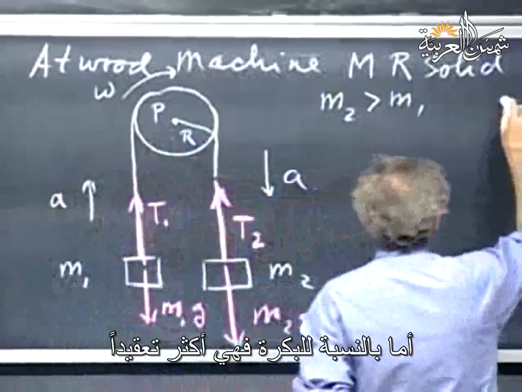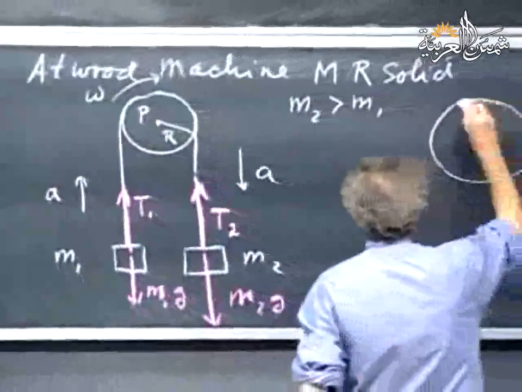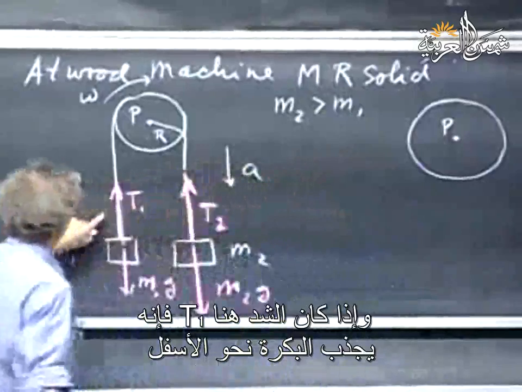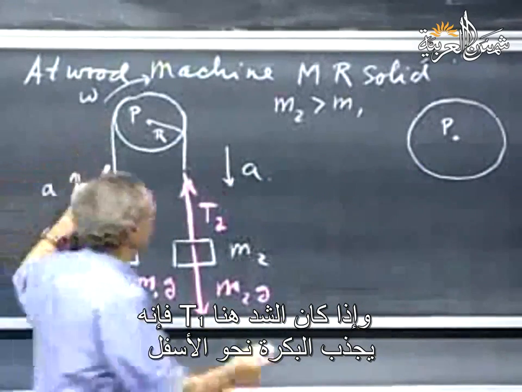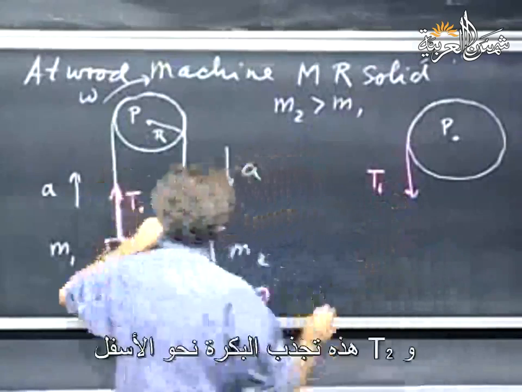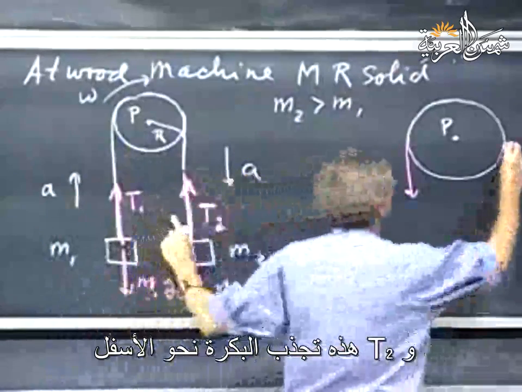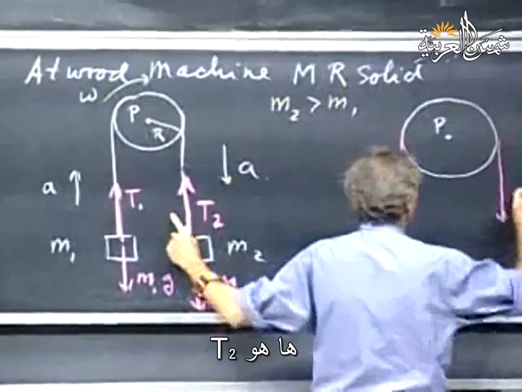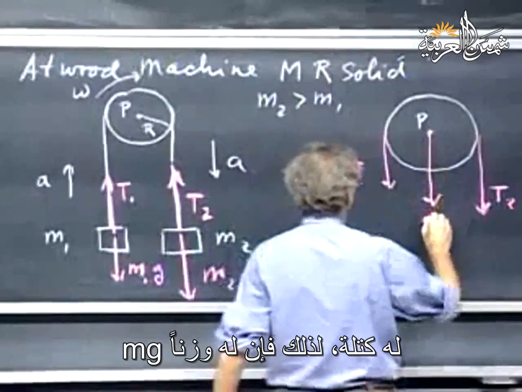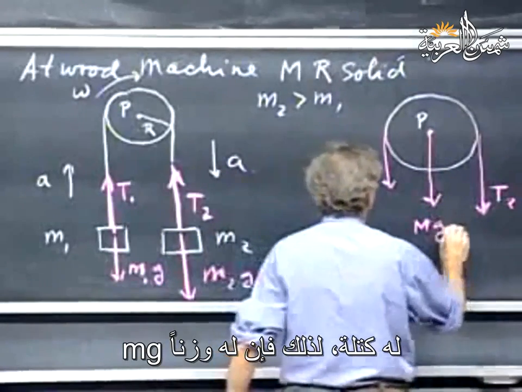For the pulley, it's a little bit more complicated. This is at point P. If here is a tension T1, it's pulling down on the pulley. So this is T1. And this T2 is pulling down on the pulley. So there's T2. It has a mass, so it has weight mg.